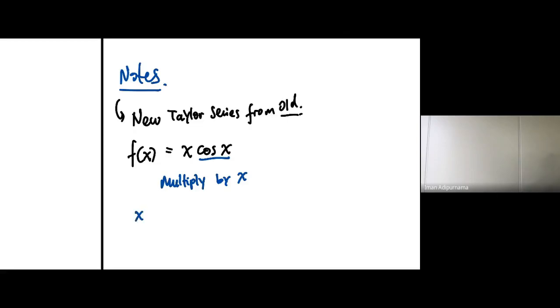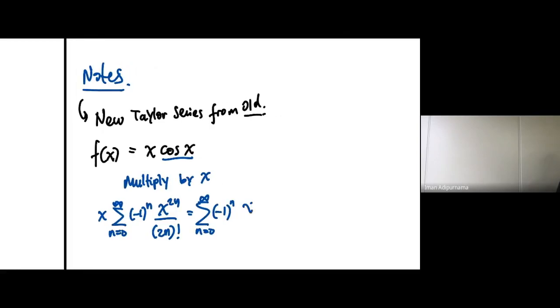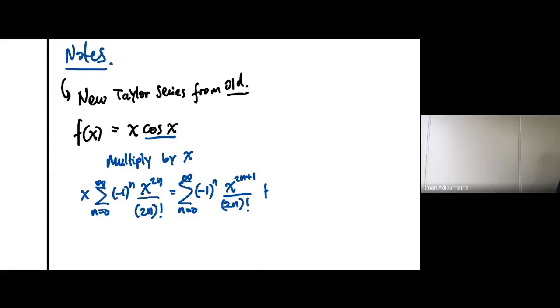So, for example, it will be x, and we just put the cosine. So we will have this, for all x.